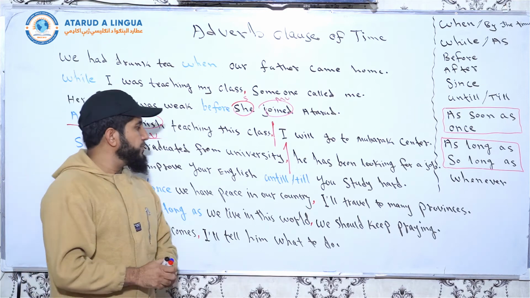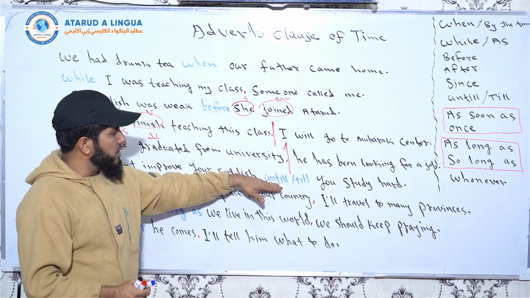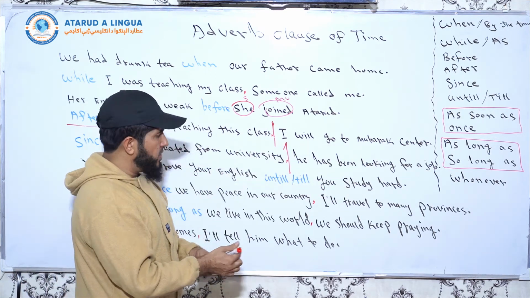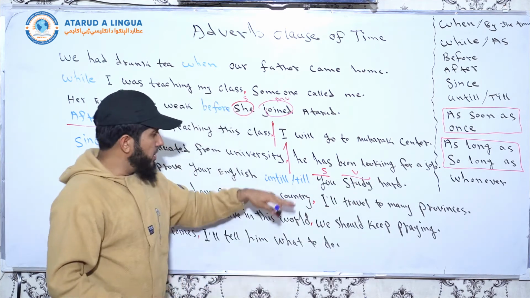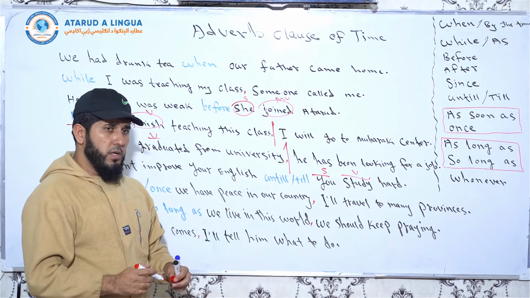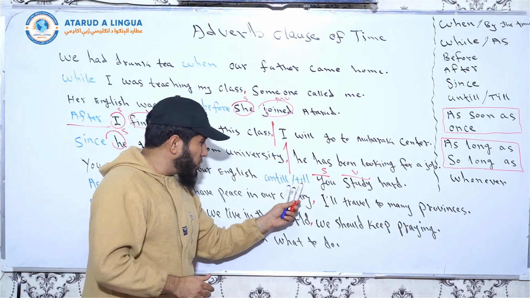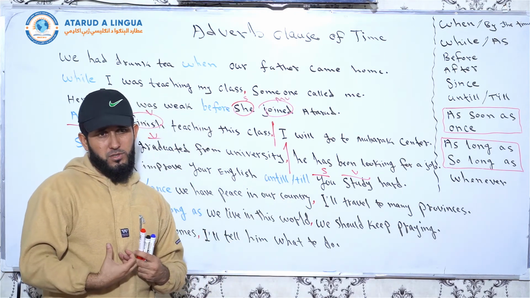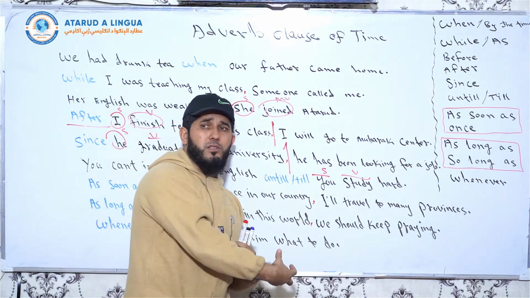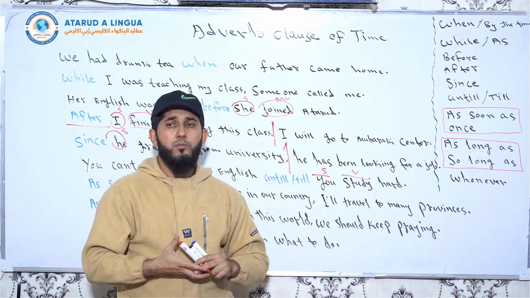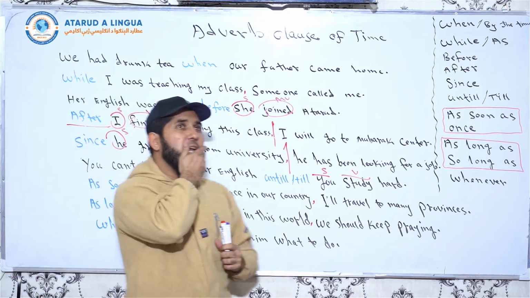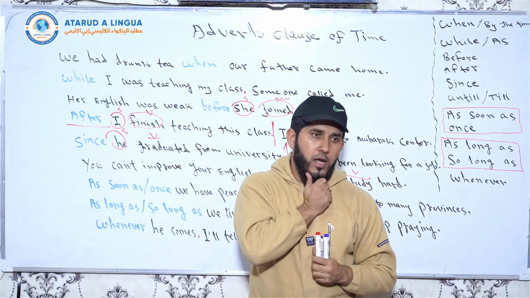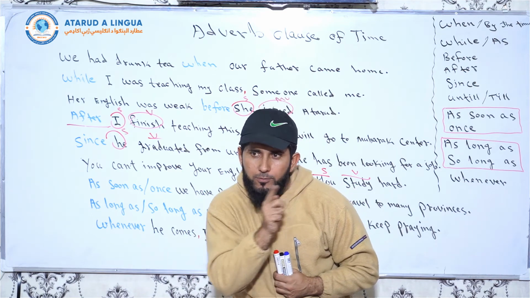Now, this word until can be followed by subject plus verb, you study hard, and here it functions as a conjunction, but these words also have double functions. If they are followed by objects, then they function as prepositions. For example, you can say, okay, I will keep teaching you until 5 p.m.